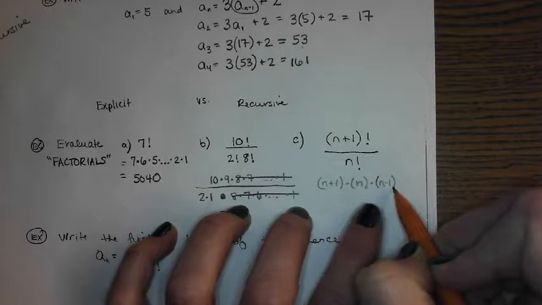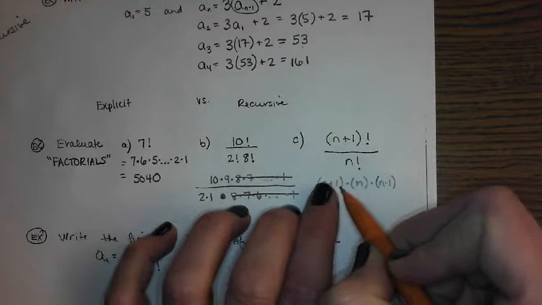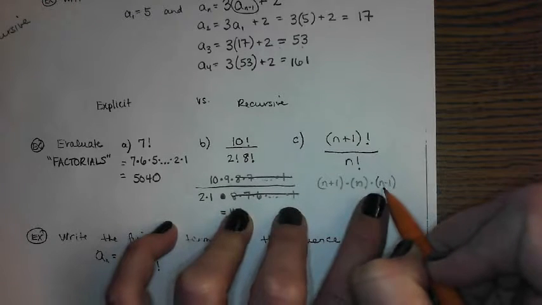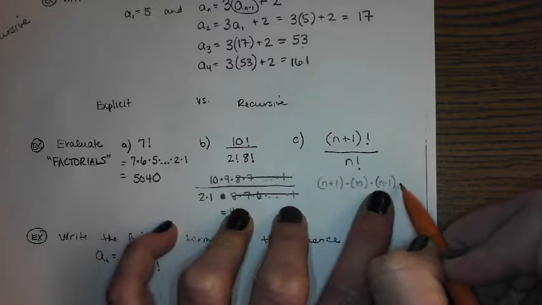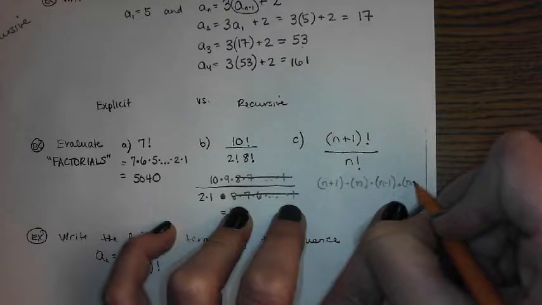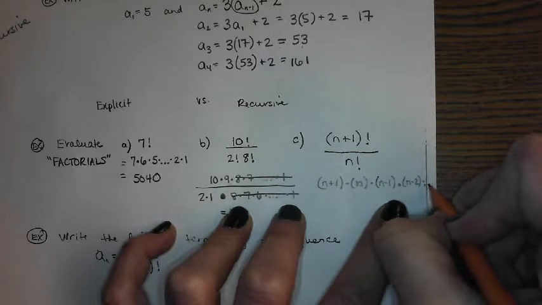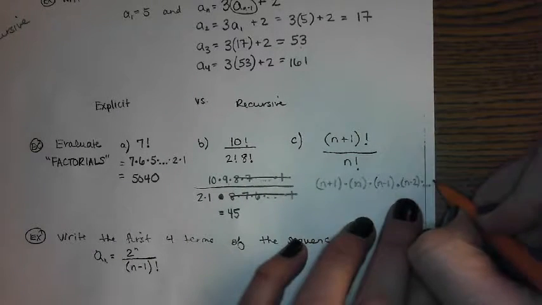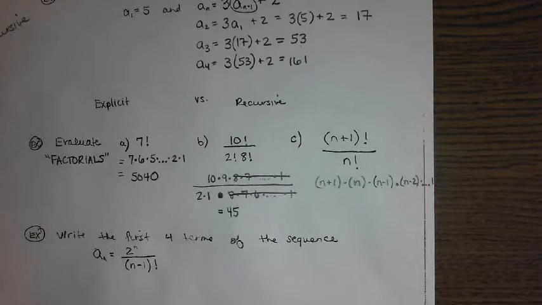Right, you're multiplying by 1 less than the previous, right? So 1 less than n plus 1 is n. 1 less than n is n minus 1. 1 less than n minus 1 is n minus 2, and so on. You don't know n, so you don't know how long this is going to continue, but you do know it's going to go all the way down to 1. Does that make sense, Adam?